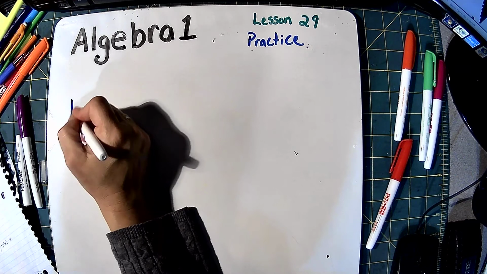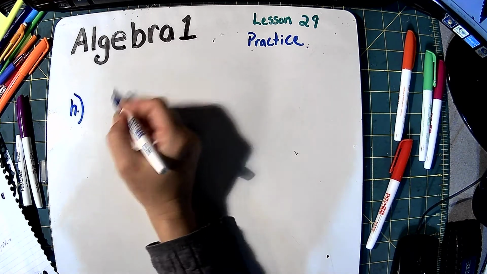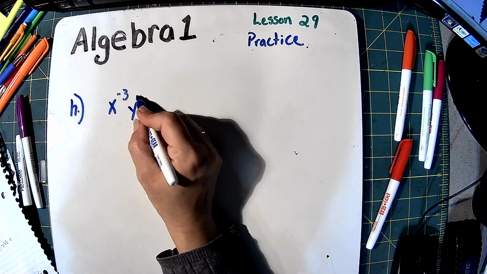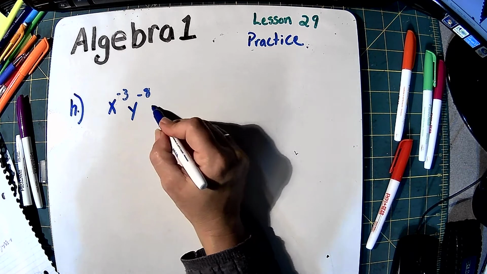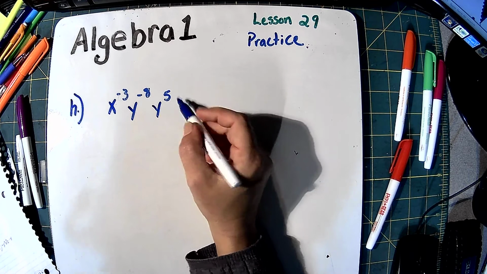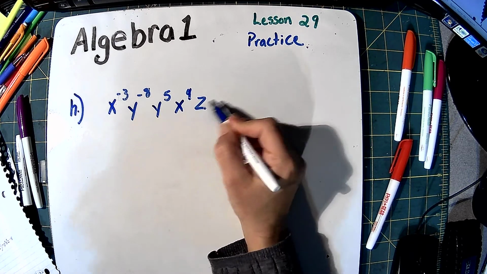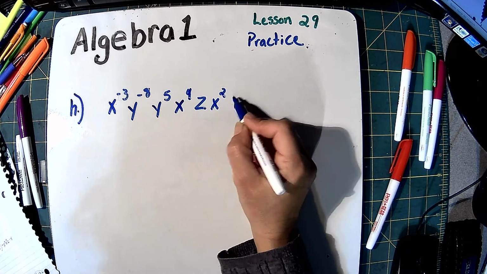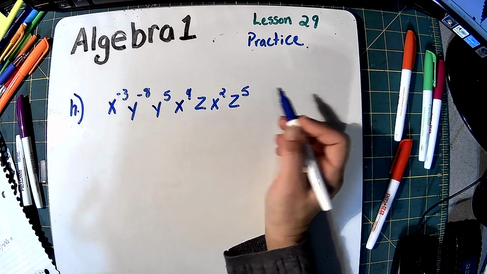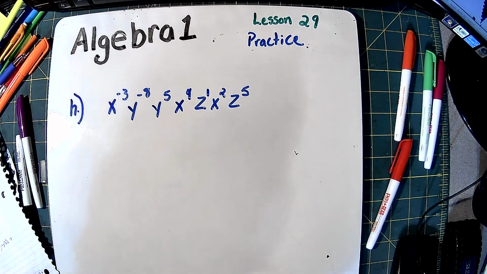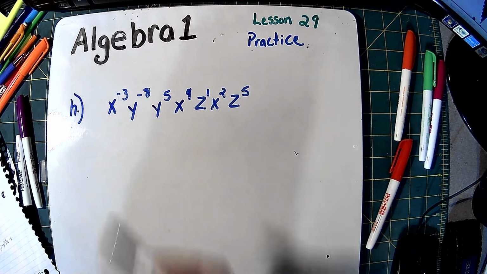All right, H. We have x to the negative 3, y to the negative 8, y to the 5th, x to the 4th, z, x squared, z to the 5th. Okay, so first thing I'm going to do is put a 1 next to my z right there. Now I'm going to look for all of my x's.